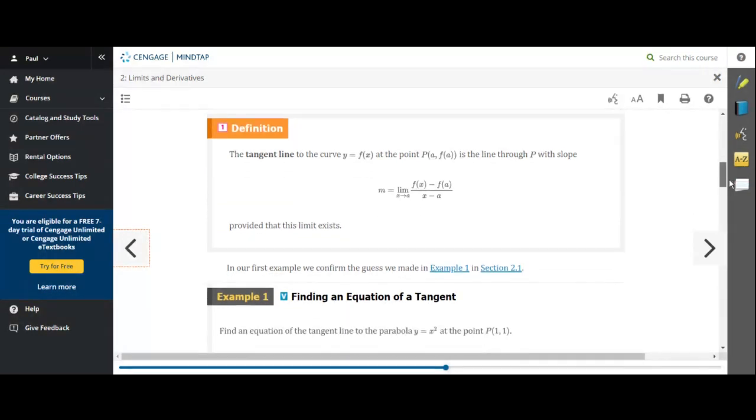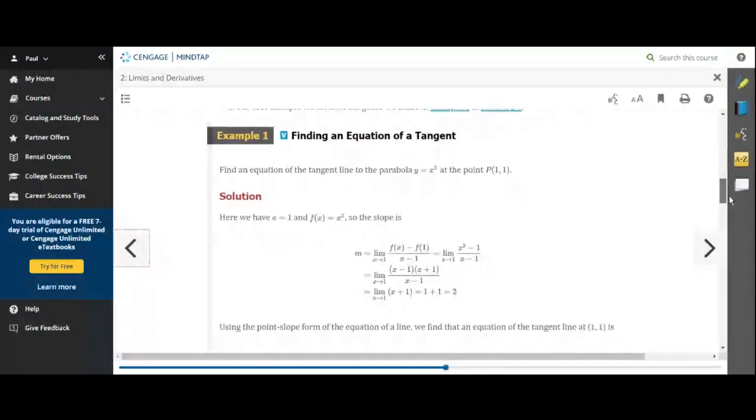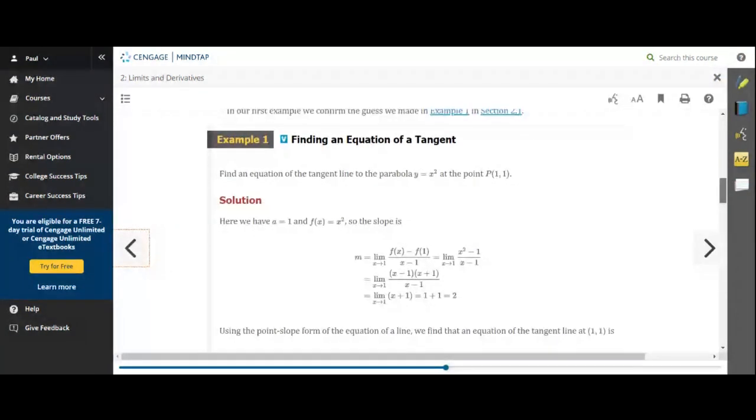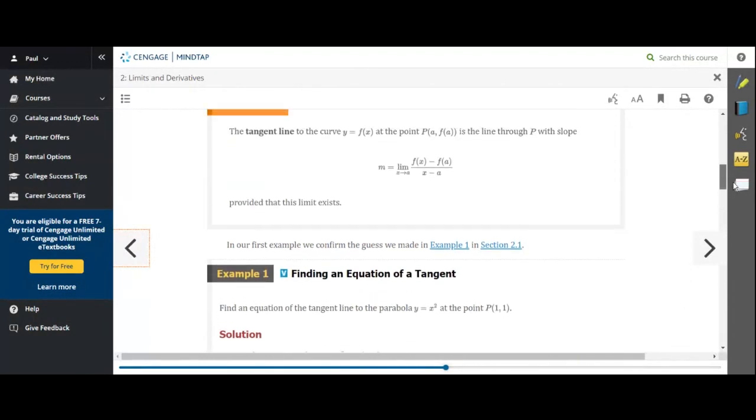So let's get to an example. We want to find the equation of a tangent, and here's the definition. So we want to find the equation of a tangent line to the parabola y equals x squared at the point 1, 1. So 1, 1 is on the parabola y equals x squared because 1 equals 1 squared.